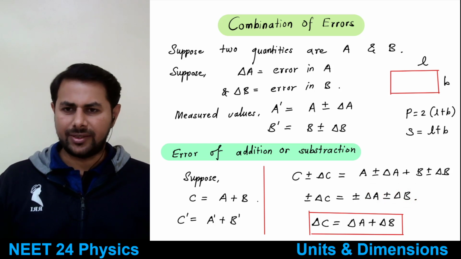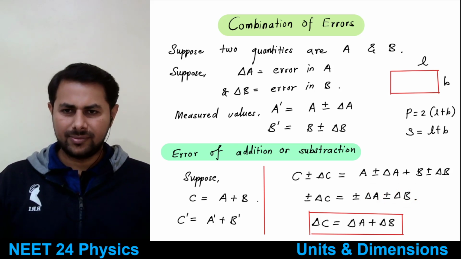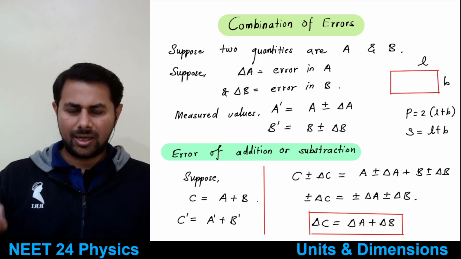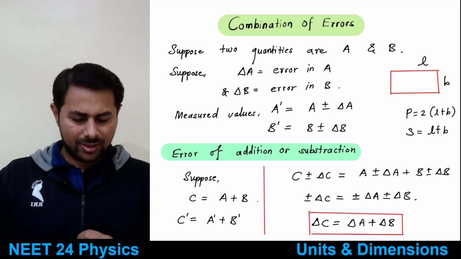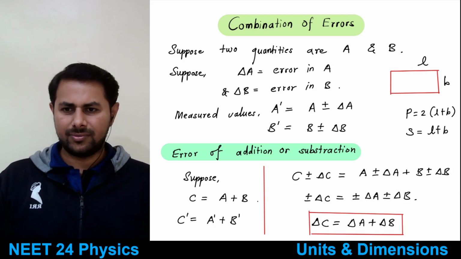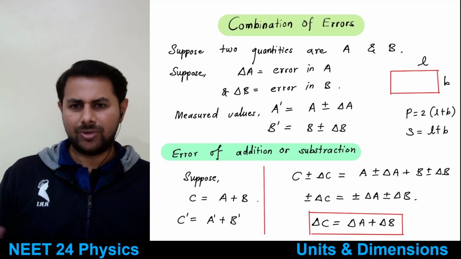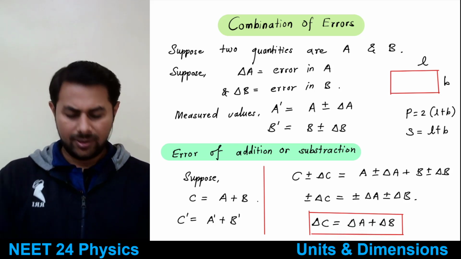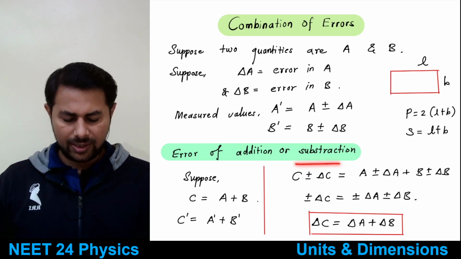We don't take negative signs, okay. Our aim is to find out how maximally our reading can be wrong. What is the maximum possible error? That's what we want to find out. That's why we take just the positive sign. Okay, so this is the error in addition.